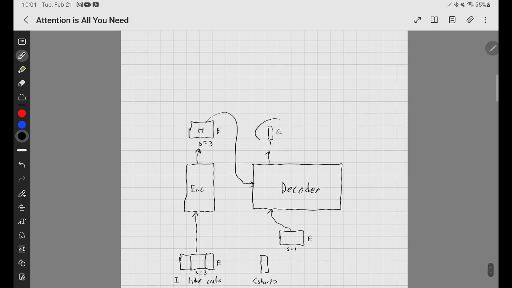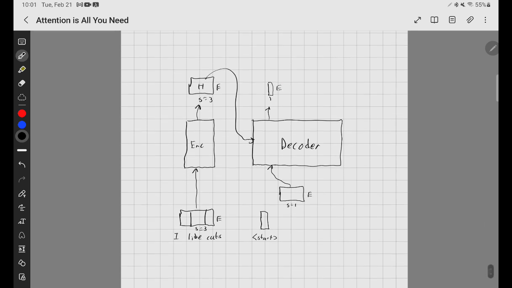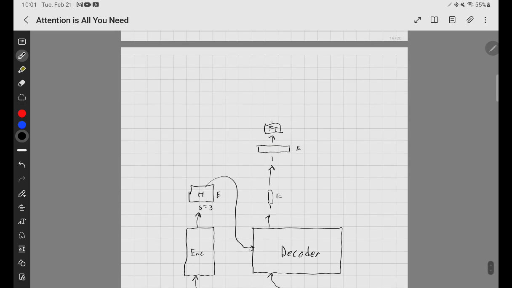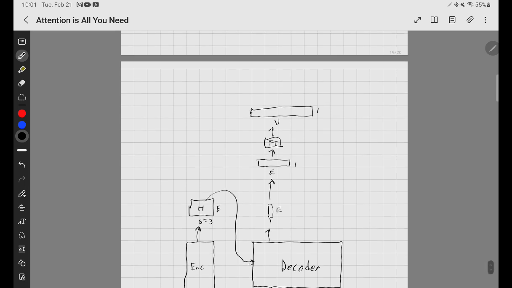So it outputs this 1 token because it's just a one-token input sequence. And then you take this token, which I'm going to represent like that, 1 by E, and then you project it using a feed-forward layer to a space that is 1 by V. And remember, V is the vocab size.